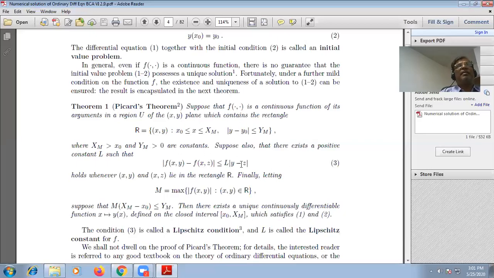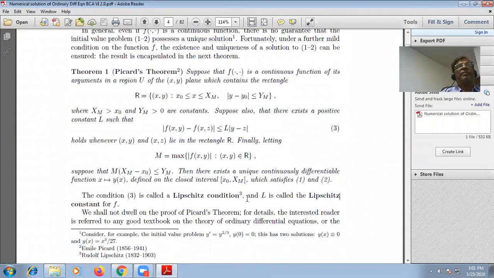Again, you take this equation 3 as the difference of the two function values at different points, related with the inequality L times modulus of y minus y star, which holds whenever (x, y) and (x, y star) lie in the rectangle R. Finally, letting M be equal to this, suppose that M times this is less than or equal to ym.